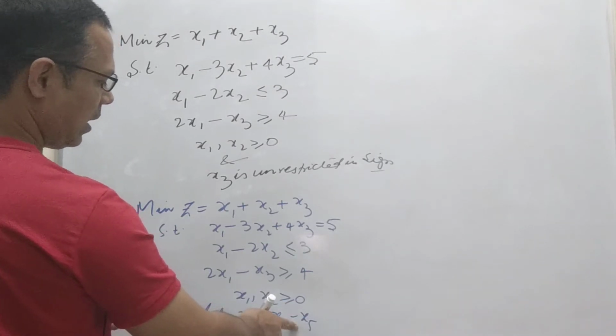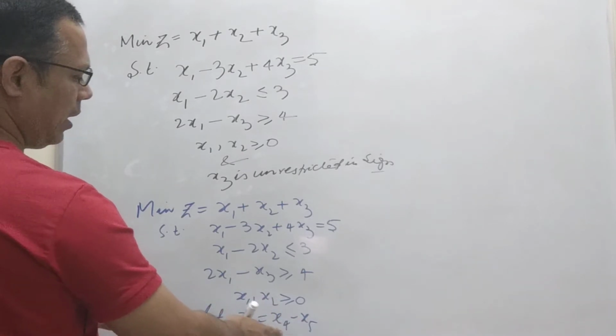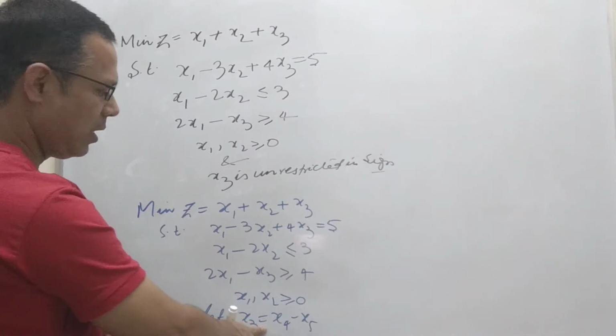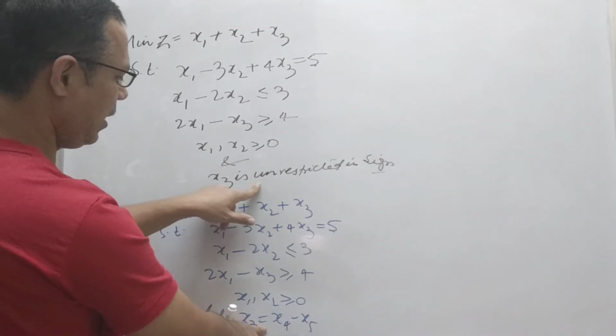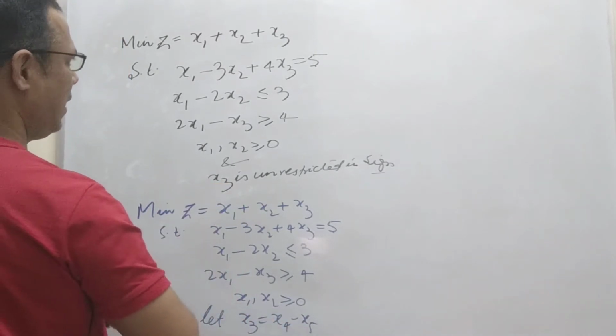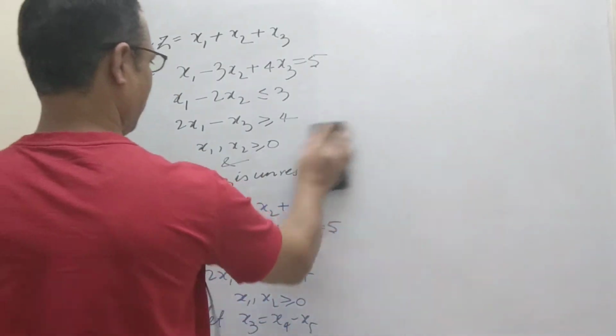If x4 and x5 are greater than or equal to 0, then x3, which is given as unrestricted in sign, this condition is going to be fulfilled. So now in the next step I will write and replace this in this form.